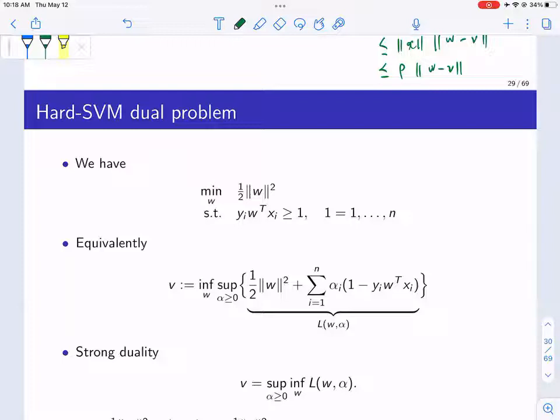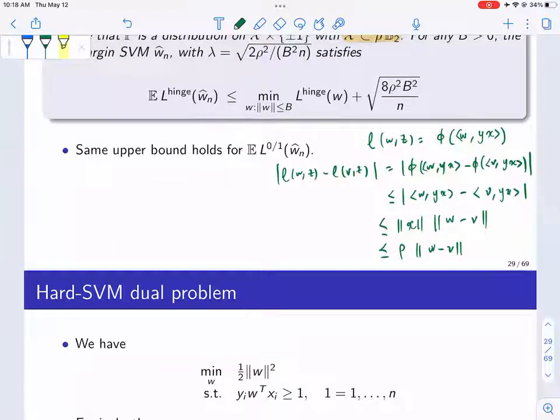The main idea was that if you bound the X domain, and then you have some margin bound or bounded W, then you can get generalization errors that go down like 1 over root n. And these factors don't depend on the dimension. So that was the theoretical take-home message.